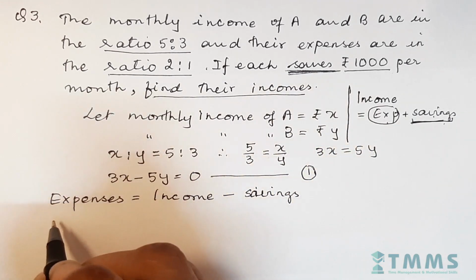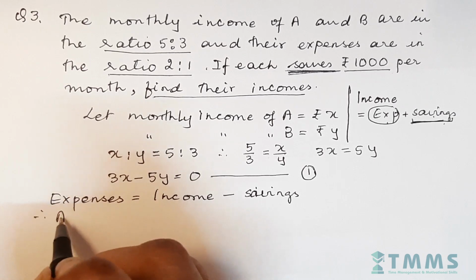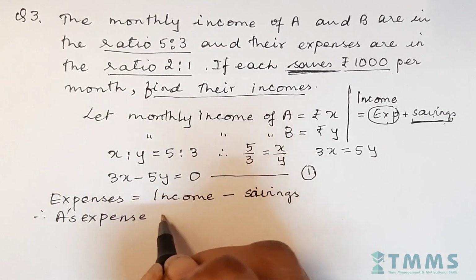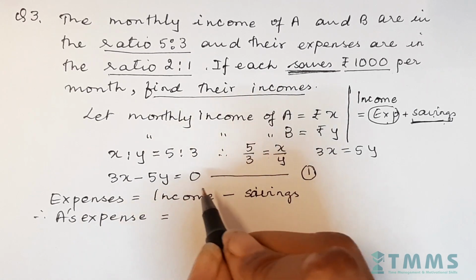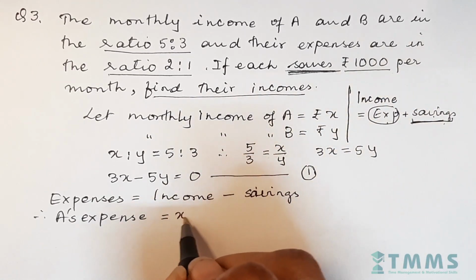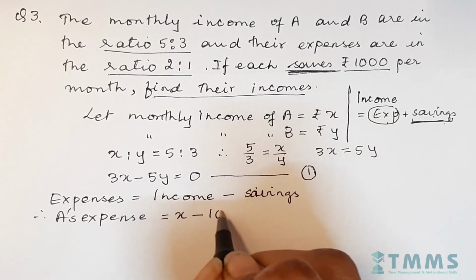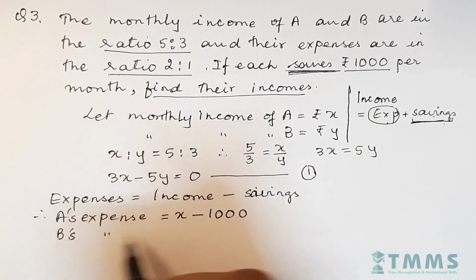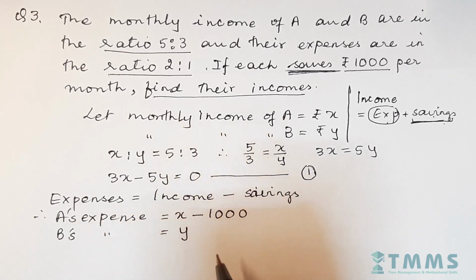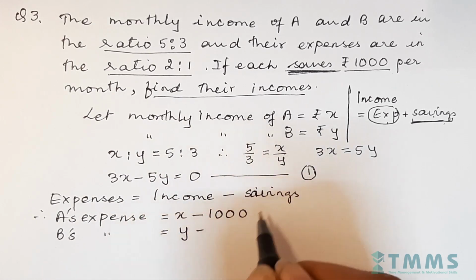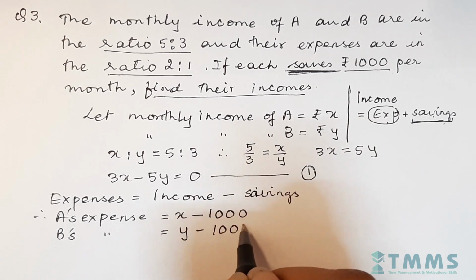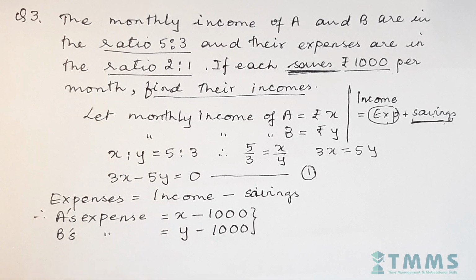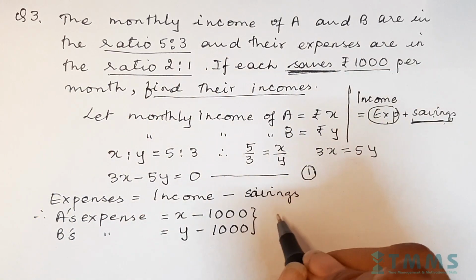Correct? And so we will have therefore A's expense will be, his income is X minus his saving is 1000, and B's expense is going to be, his income is Y minus his saving is 1000. Now club these together and you will get the ratio of their expenses.